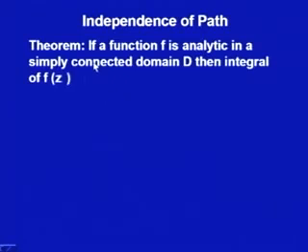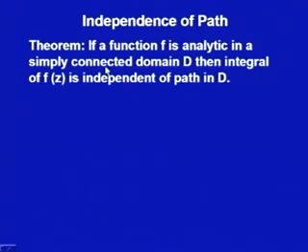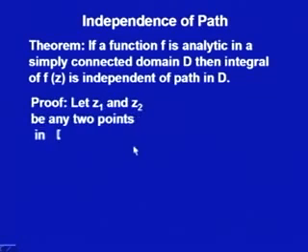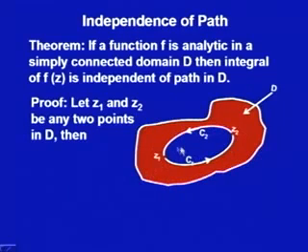So, I am writing that result in the form of a theorem. If a function f is analytic in a simply connected domain D, then the integral of f(z) is independent of path in D. Let z1 and z2 be any 2 points in a simply connected domain D. So, this is my simply connected domain D, and z1 and z2 are any 2 points.